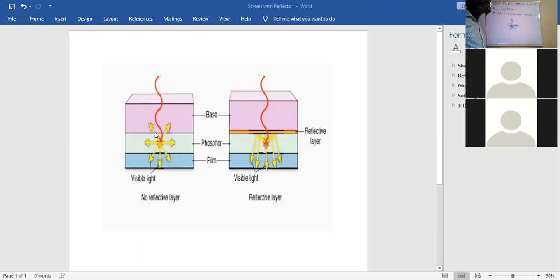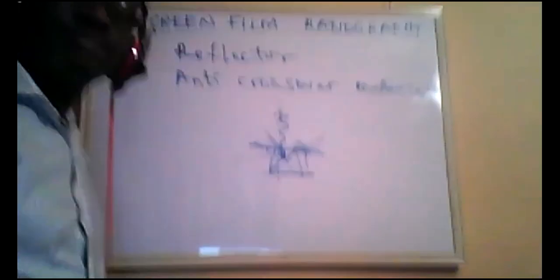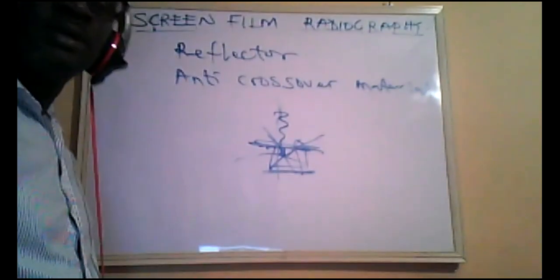But to prevent the loss of information, we need to introduce a reflector around here, so that the only light photons that will be lost are the ones scattered along this direction. Every other one scattered up at an angle, meeting this, will now come down. So that will give us a better image, because all these light photons will be used in forming the image. We also want to look at the anti-crossover.